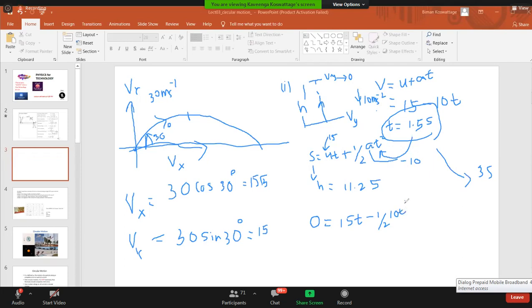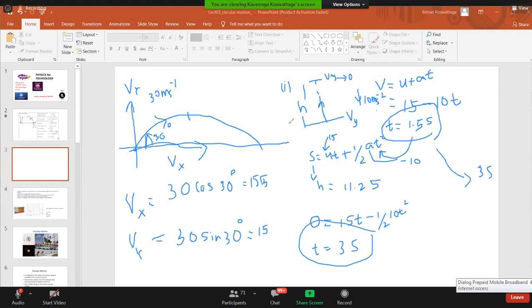If you solve this one, you can get t equal to 3. So this is the flight time for the total flight, which is twice this particular situation. Whatever it is, it's okay. Hope it is clear until now.